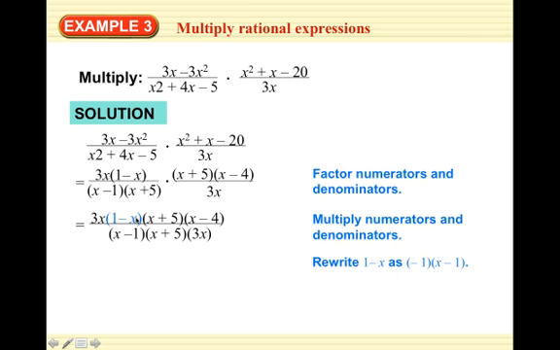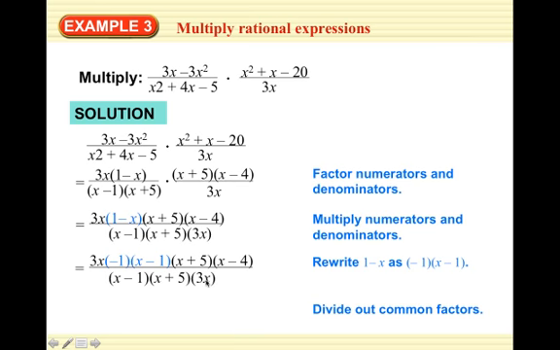If we just switch the terms, we're going to have negative x plus 1. And that's kind of awkward to have that negative in front of the x, so we're going to factor out a negative 1. So we're going to have 3x times negative 1 times x minus 1 times x plus 5 times x minus 4, and then x minus 1 times x plus 5 times 3x.